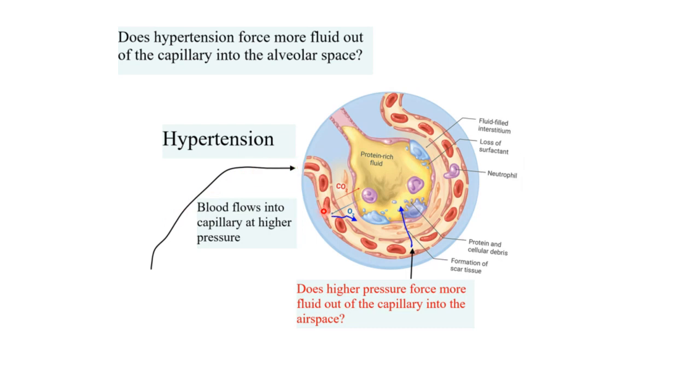And one of the problems COVID-19 creates is edema developing in the alveolar space. So is it possible that higher blood pressure is forcing more fluid out of the capillary into the alveolar space and creating more edema?